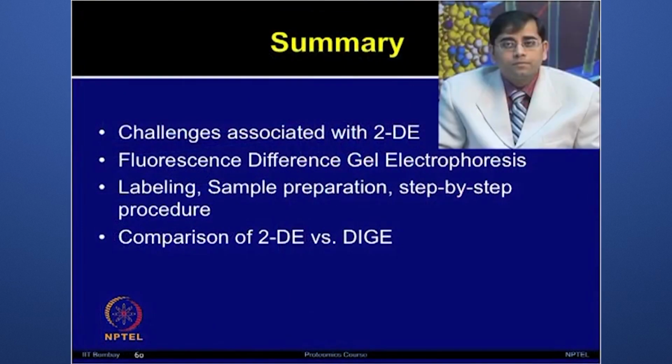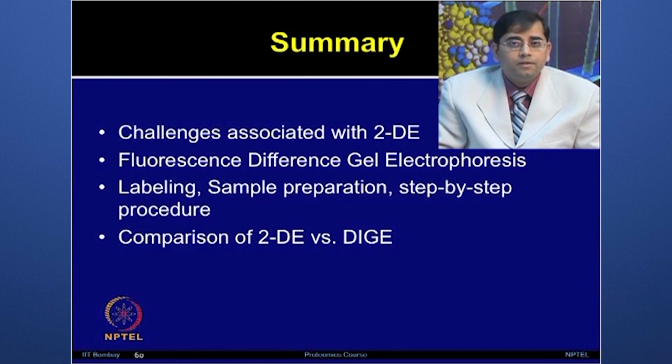So, in summary, in today's lecture we talked about different challenges associated with two-dimensional electrophoresis. Then we looked at the DIGE workflow, different concepts involved, as well as how to do the labeling of samples, how to make internal standards, and then we saw the steps in animation.